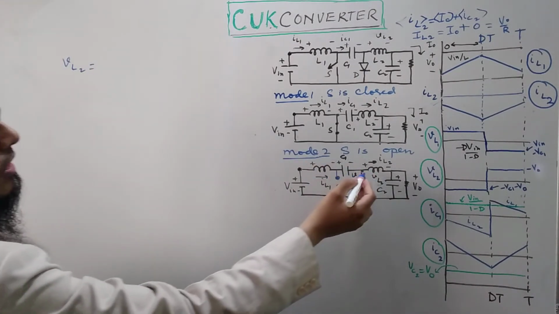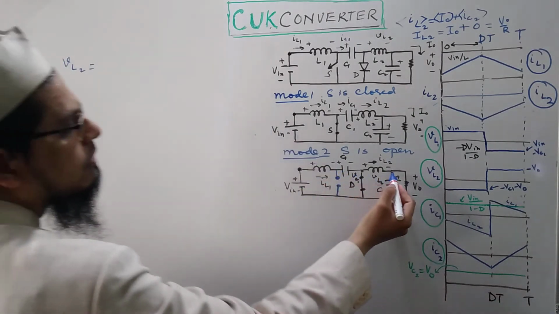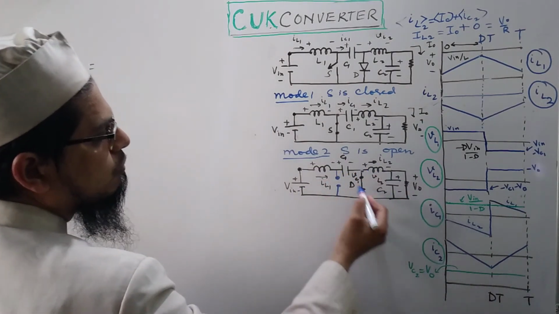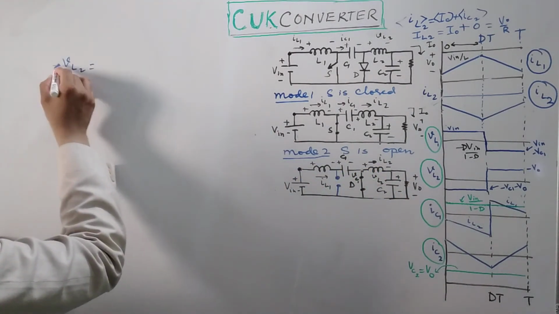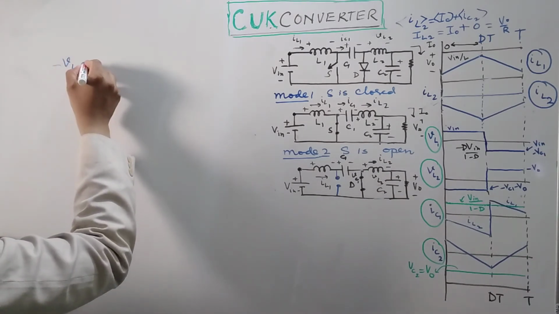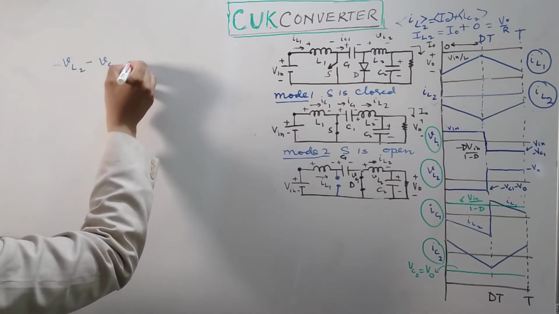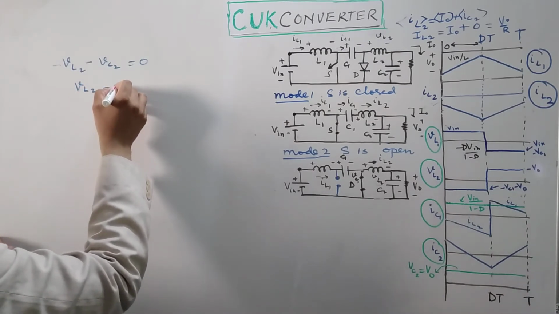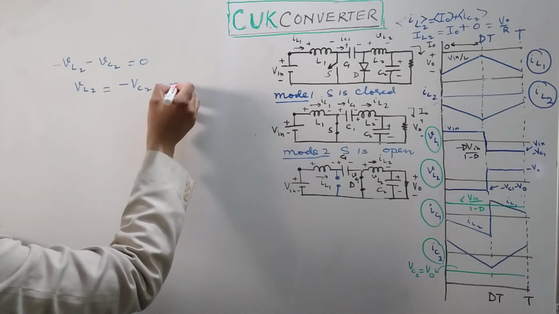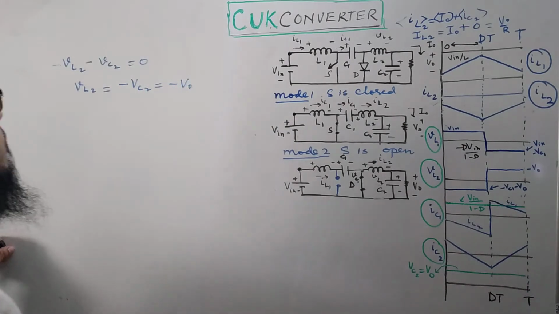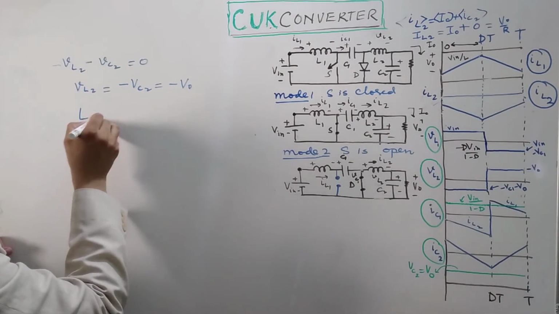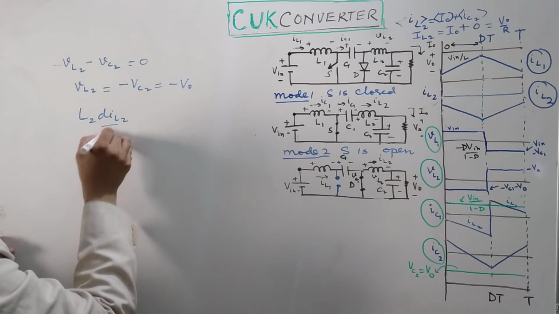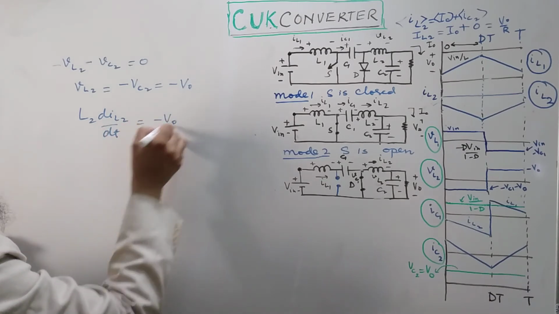Let me start from this point and move around. So minus VL2 and again minus VC2 is equal to 0. That means VL2 is equal to minus VC2, which is also equal to minus V naught, and VL2 is given by L2 dIL2 by dt, and this equals minus V naught.